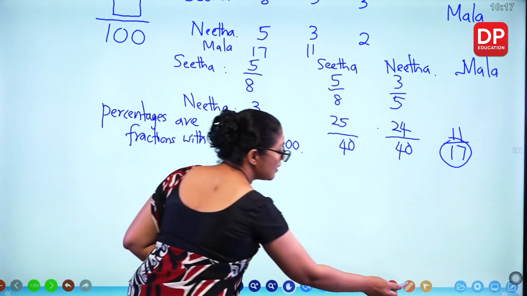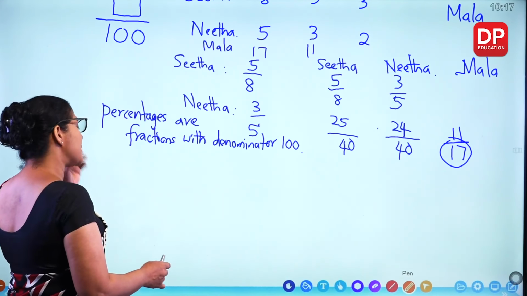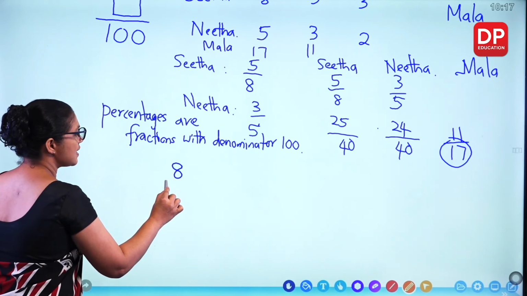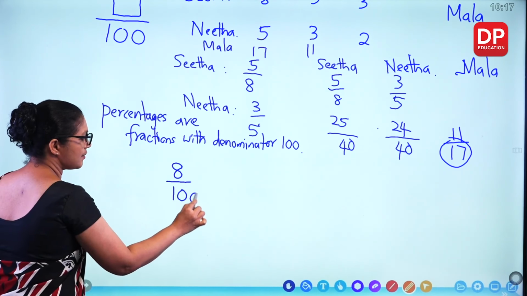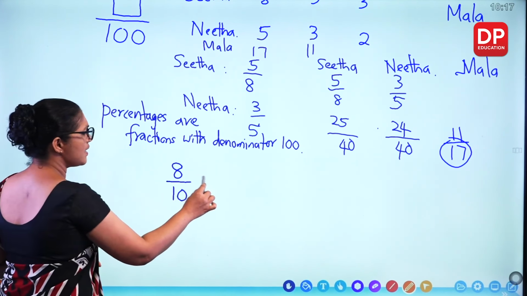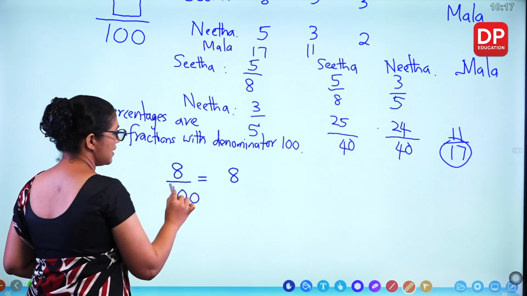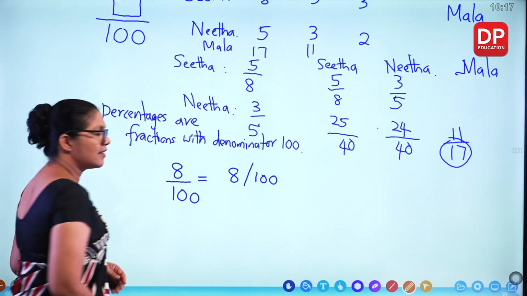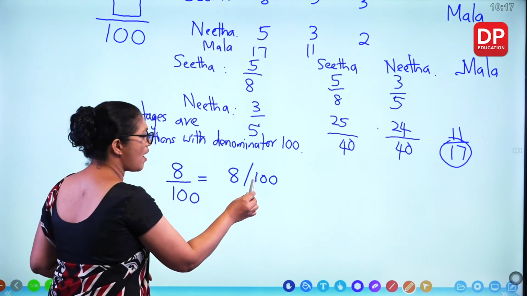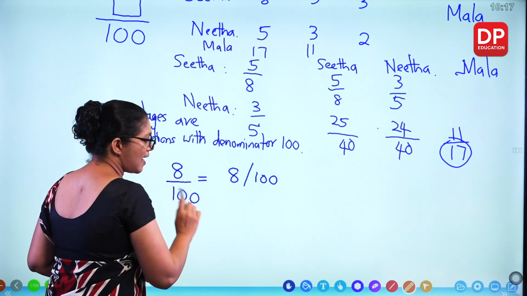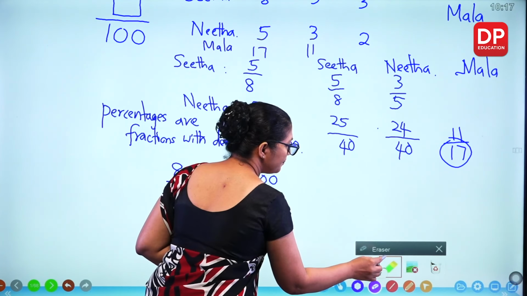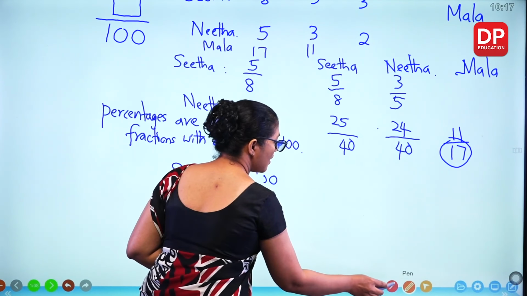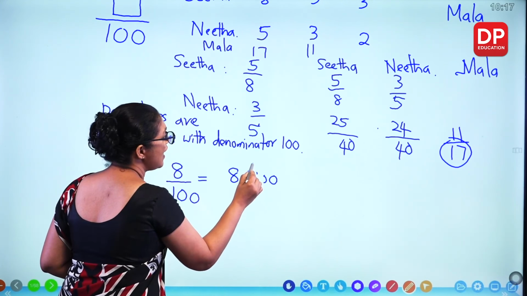Okay, we'll take a small number now. If we say 8%, what does 8% mean? 8 over 100. I can write this as 8 divided by 100. I can take this 1 and extend this line, erase this number. I can erase 1 and extend it.